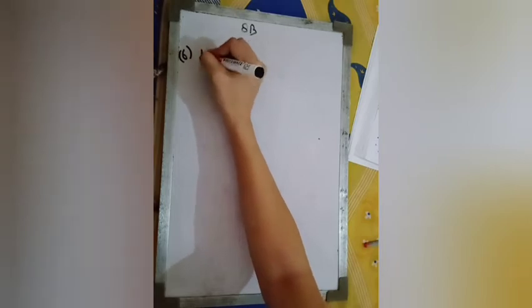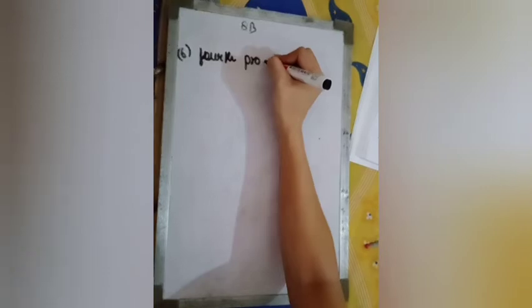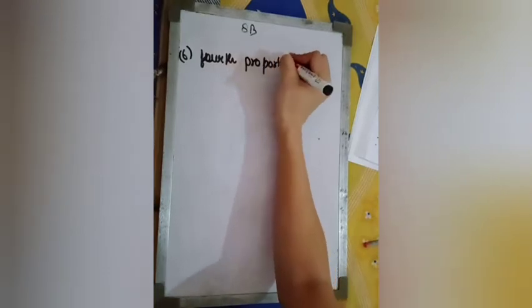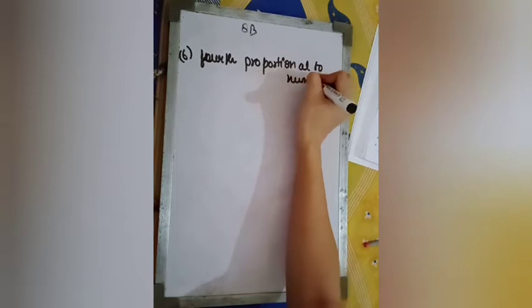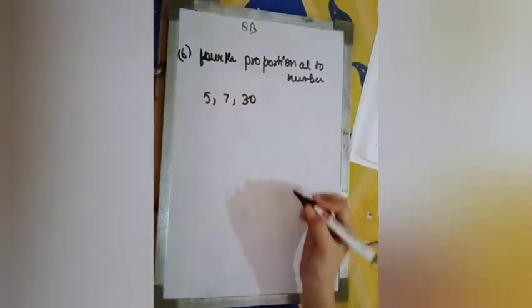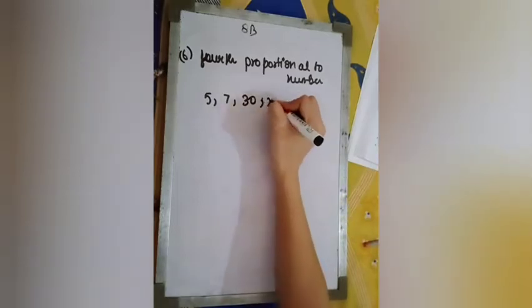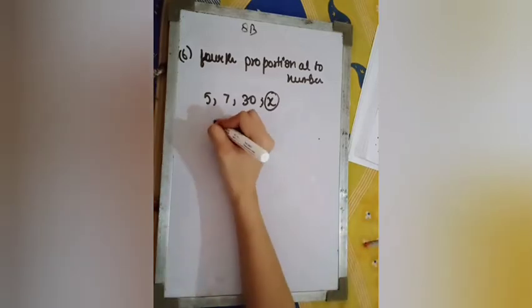Find the fourth proportional to the numbers. See, only 3 numbers are given. We have to find the fourth number, the fourth proportional, that means x.